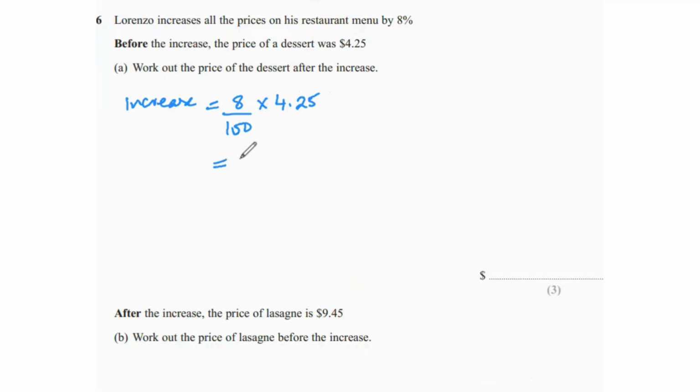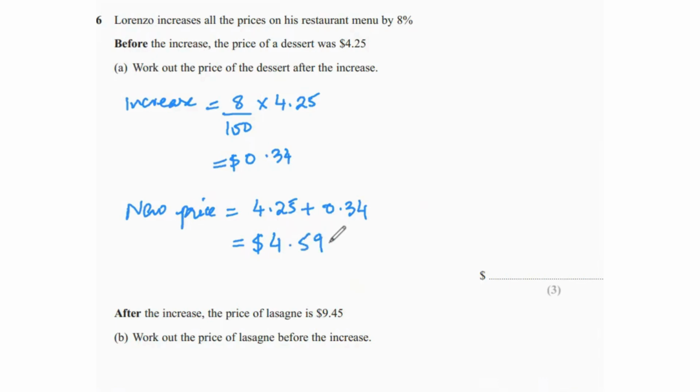That's going to give us $0.34. This is the increase in price. So the new price is going to be 4.25 plus 0.34. That's going to give us 4.59. That's the price of the dessert after the increase.